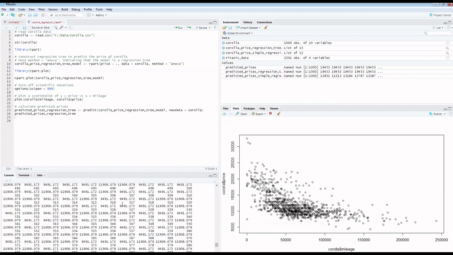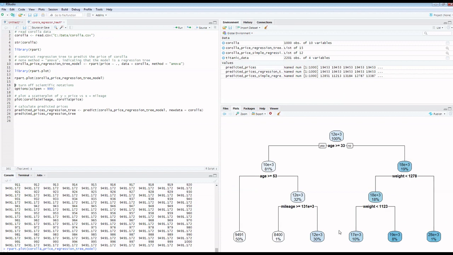You can see that now the predictions changed, right? As I scroll through my predictions, they're all different, but the predicted values actually correspond to the leaves of my tree. That's why they're so often the same, because all cars that will end up, let me show you the tree. Where is that? Right here. All cars that will end up, for example, in this node, they will get the same price predicted for them. That's why you don't see much difference between different prices.